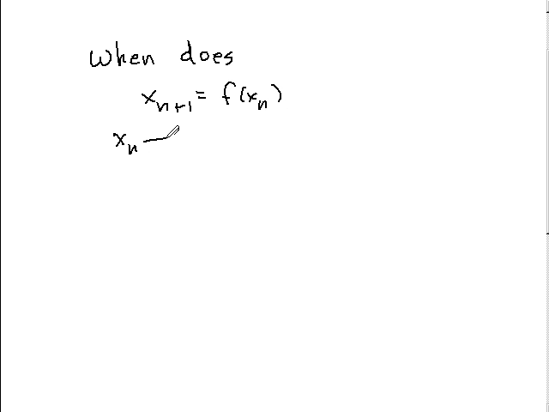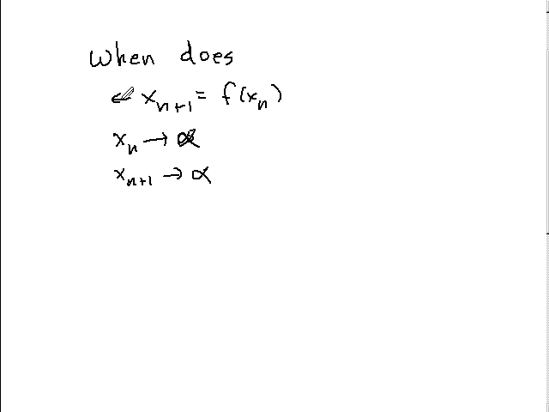So when does this process have a limit? Well, clearly if xn approaches alpha, where does xn plus 1 approach? If x1, x2, x3, x4, xn go to alpha, then x1, x2, x3, x4, xn plus 1 has to go to alpha also, because the whole set of xn's is the same as the whole set of xn plus 1's.